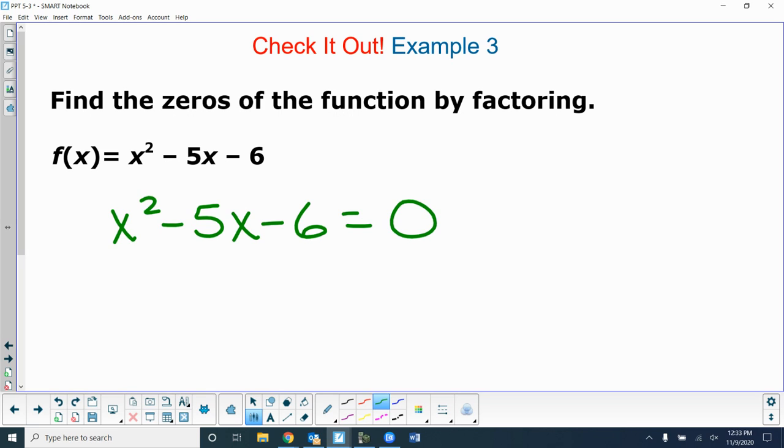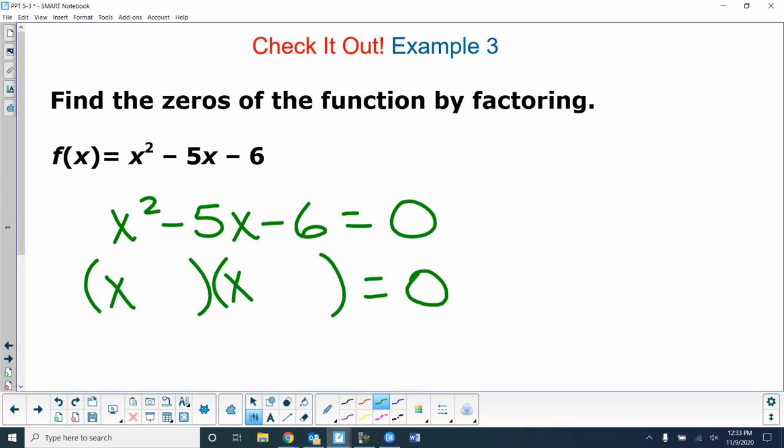What's A? X squared. 1x, 1, right? What's B? Negative 5. And C? Negative 6. All right, so we're gonna factor it as a regular trinomial. What times what is x squared? X times x, right?